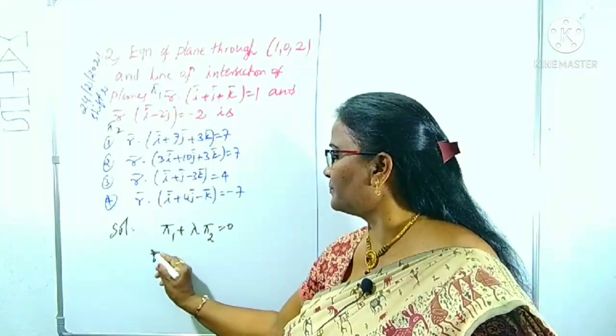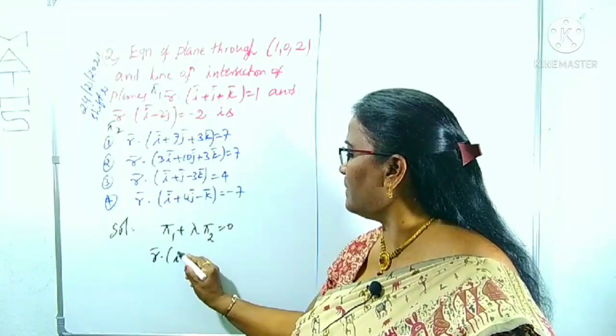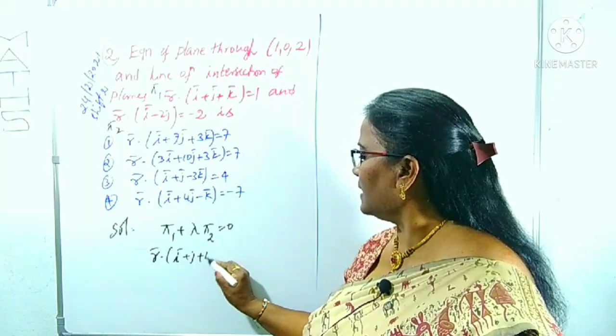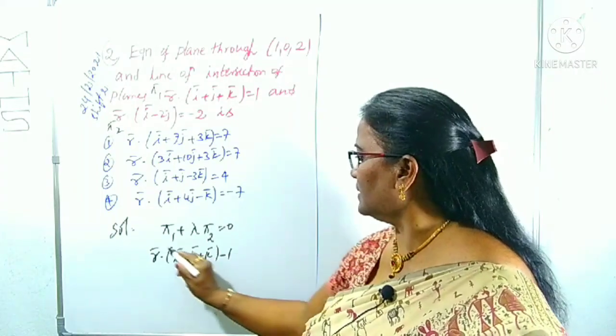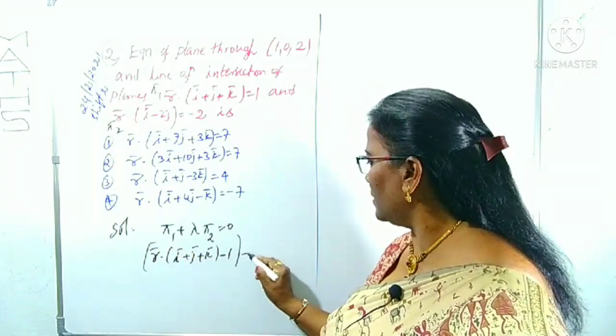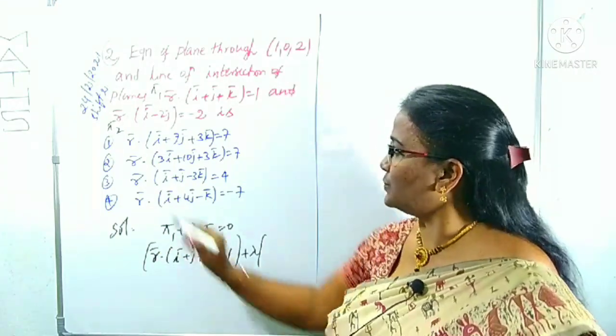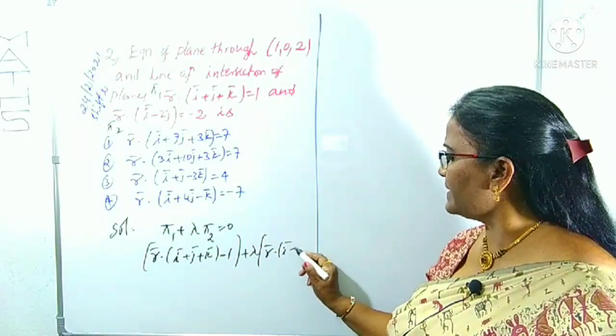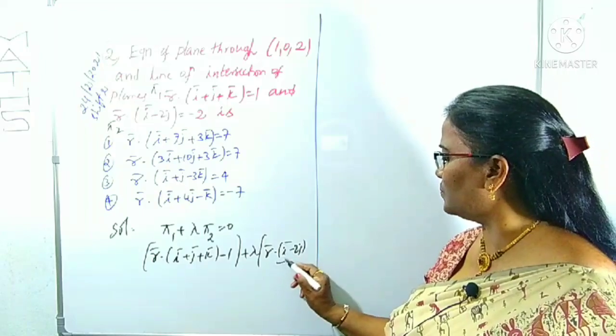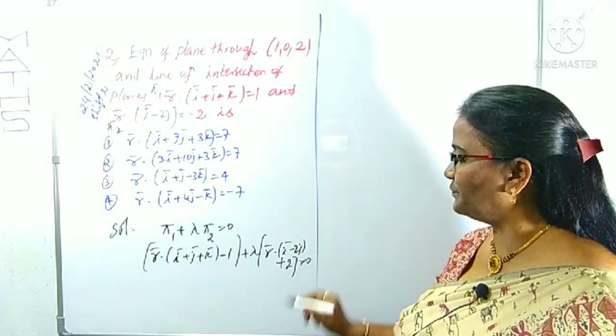R dot (i plus j plus k) minus 1, plus lambda times pi 2, R dot (i minus 2j) plus 2 is equal to 0.